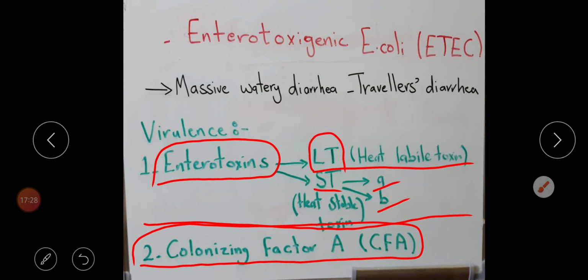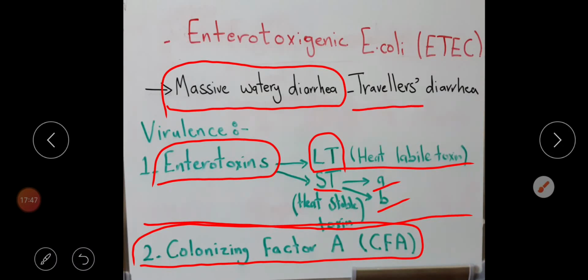They will not be delivered outside and will remain attached to the intestine. By this, they will cause the massive watery diarrhea that is characteristic of enterotoxigenic E. coli, and it is sometimes called traveler's diarrhea.